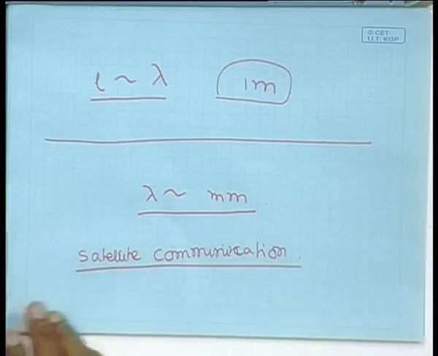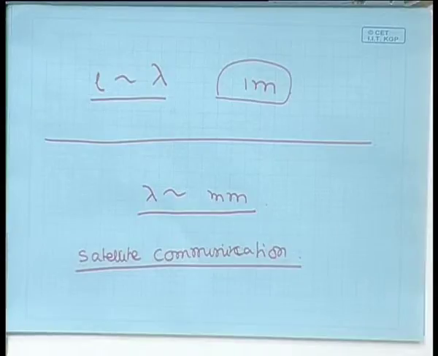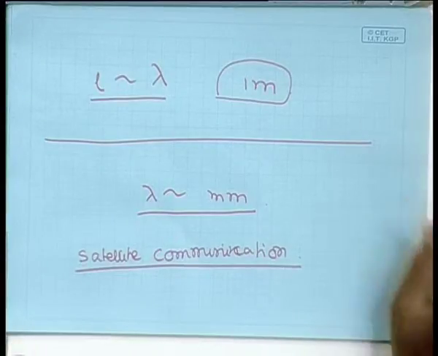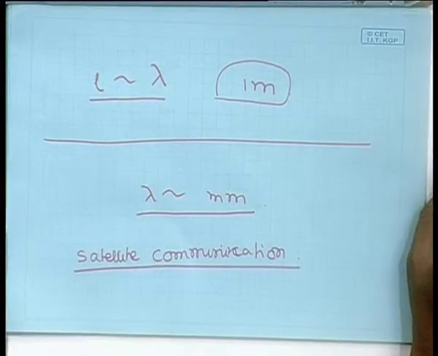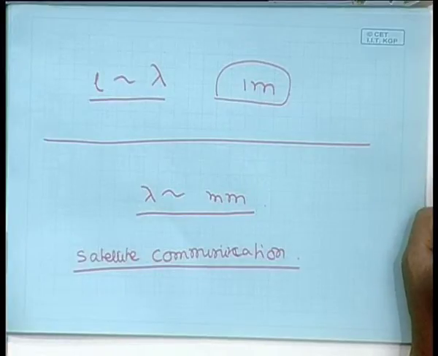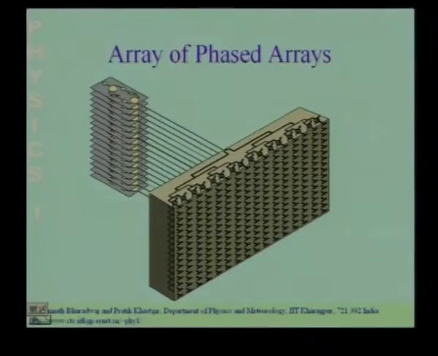So, with wavelengths of the order of centimeter to millimeter, the radiating elements will also be smaller, and this picture shows you an array of phased arrays. This is on a much smaller length scale, as you can see. Each of these is one phased array.